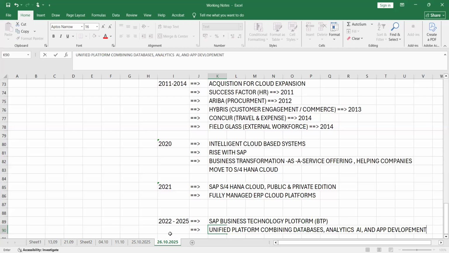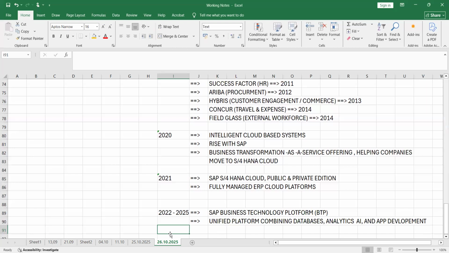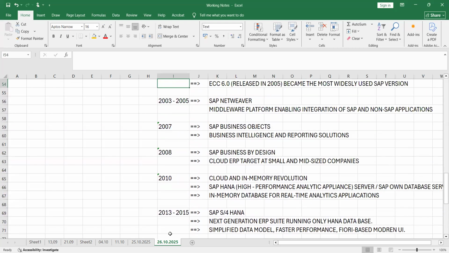What different apps are going to be developed will start from 2026 onwards. Clear? So this is the complete picture of SAP products and the generational evolution of SAP.